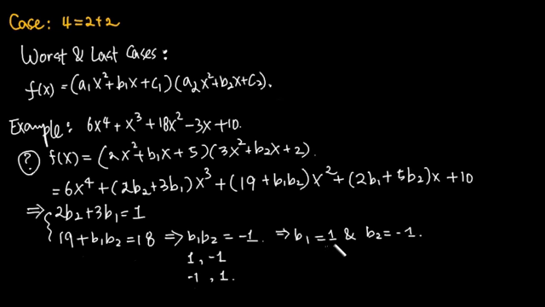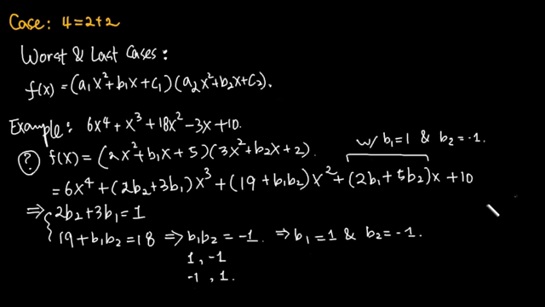Now we have this b1 and b2, which of course will satisfy the coefficients of x to the third and x squared. If this solution for b1 and b2 also makes this one exactly the same as negative 3, that will be the factorization. So let's go ahead and try this coefficient right here with b1 equals 1 and b2 equals negative 1.